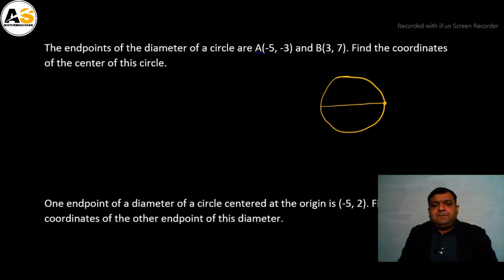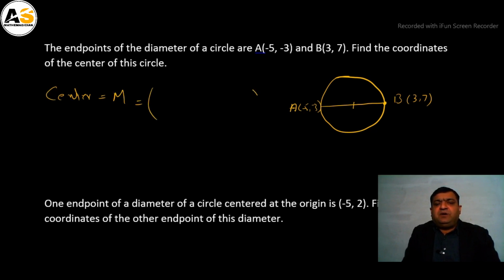The two given points are (-5, -3) and (3, 7). These are the end points of the diameter, and their midpoint will be the center of the circle. So the center of the circle is basically the midpoint.